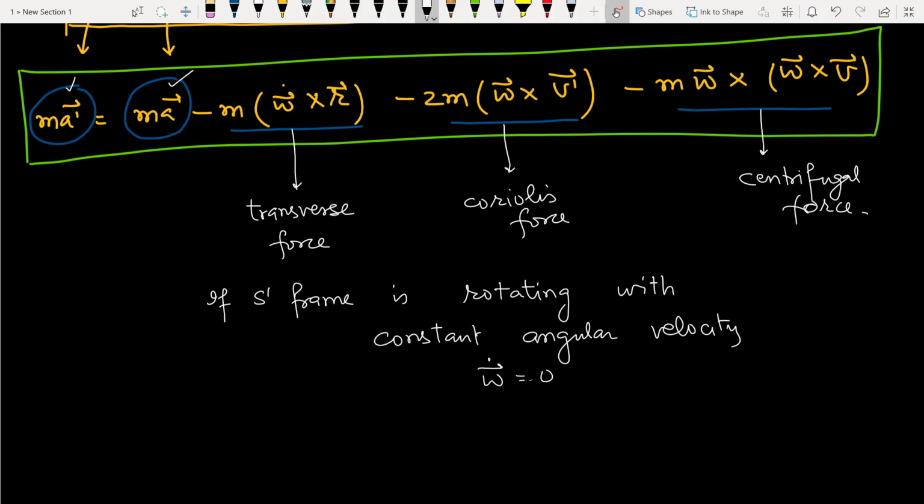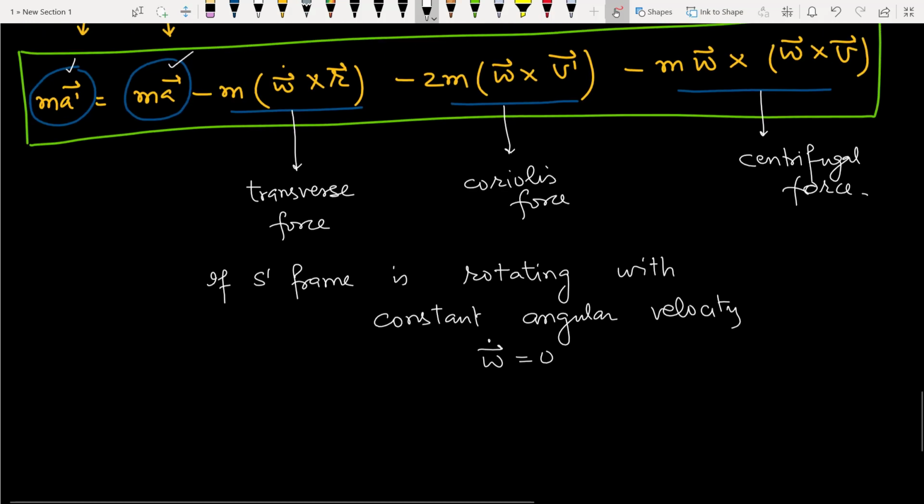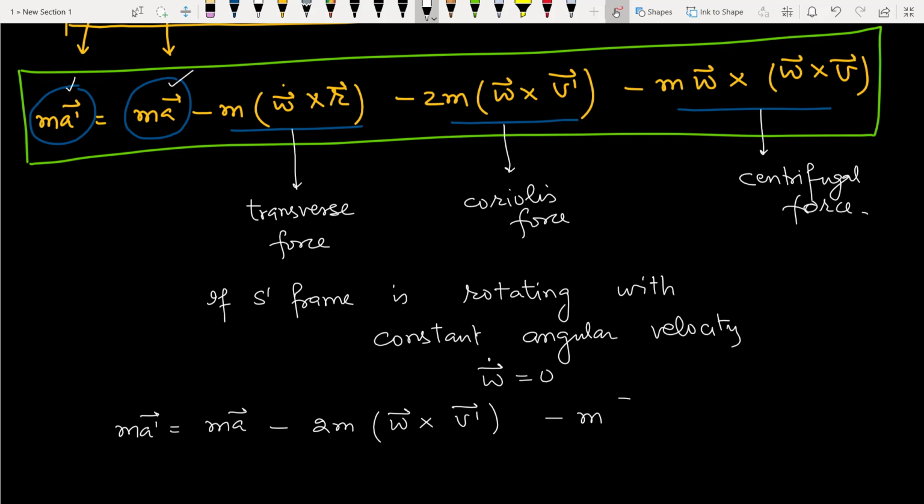Its derivative will be 0, then transverse force component will no longer be there, and that term will be simplified a little bit. Ma vector minus 2m omega cross v dash minus m omega cross r.